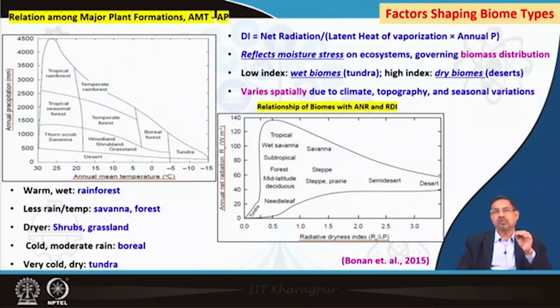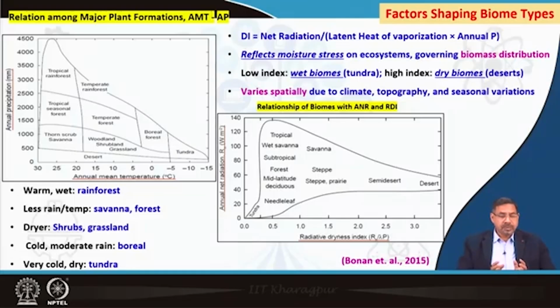So, 0 to 4500 millimeter precipitation on the y axis, 30 to minus 15 degree centigrade mean annual temperature. And look at this, within which range different types of biomes or ecosystems occur.